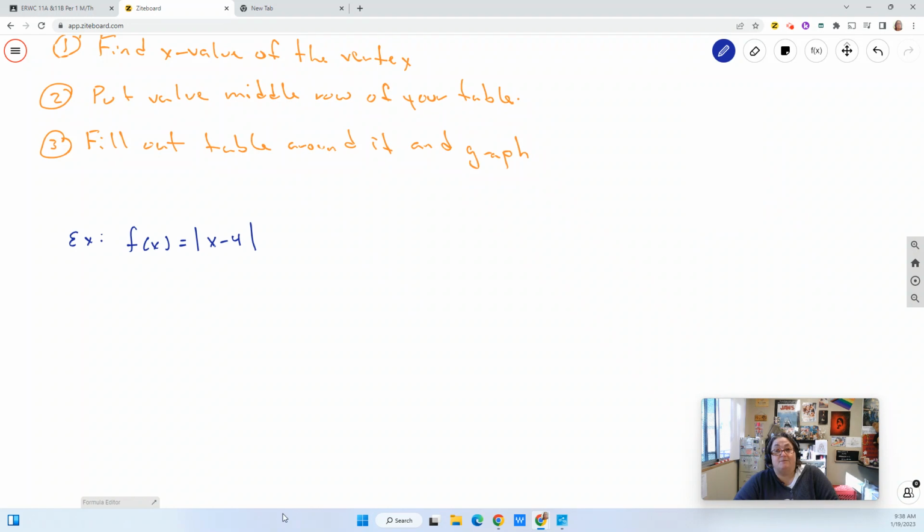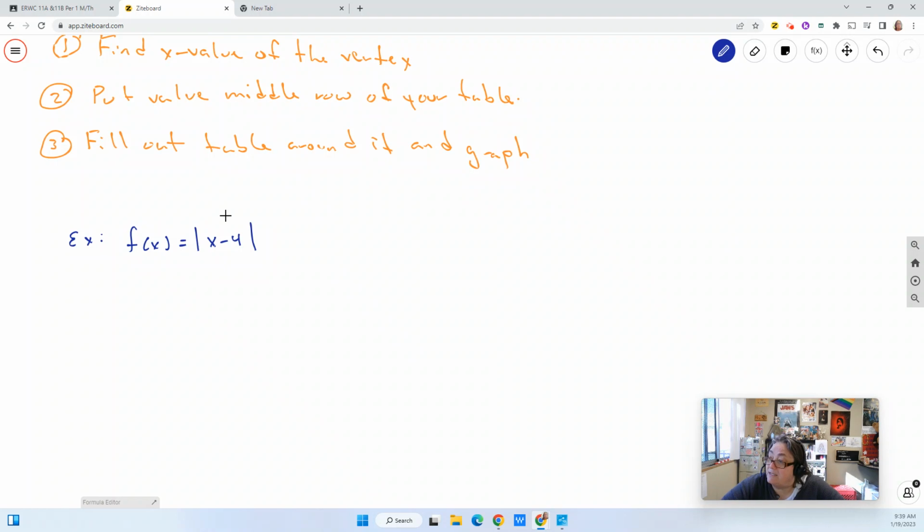Now, one of the keys is to make sure that your absolute value is the only thing there, like there's not a bunch of add-ons with it. When we want to find that x value, that first step says find the x value of the vertex.